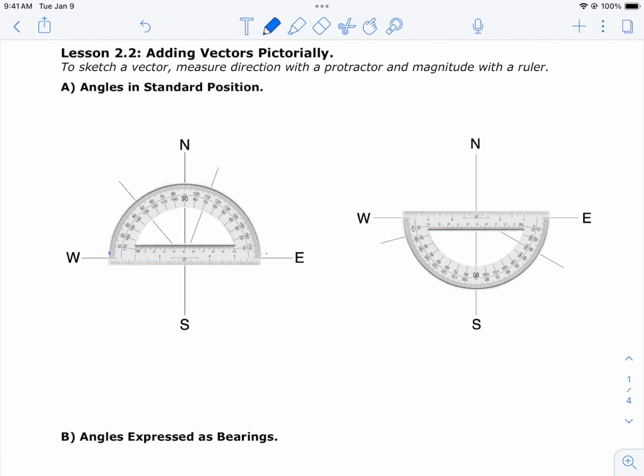You've got some kind of XY axes, and what you're trying to do is line that line up with the positive x-axis, and this line here with the negative x-axis. And this 90 degree line should line up on your y-axis almost perfectly, as good as you can get it.